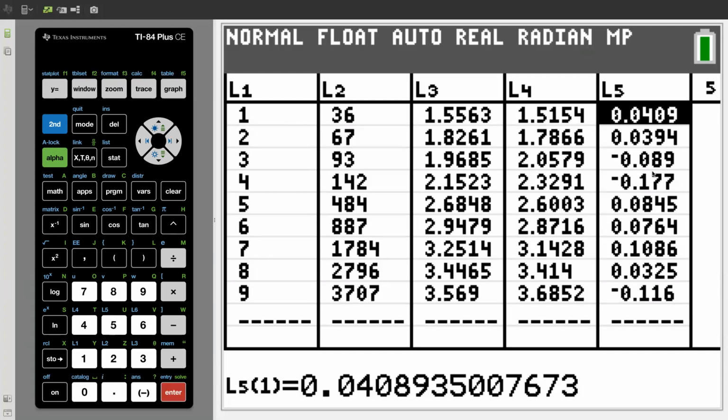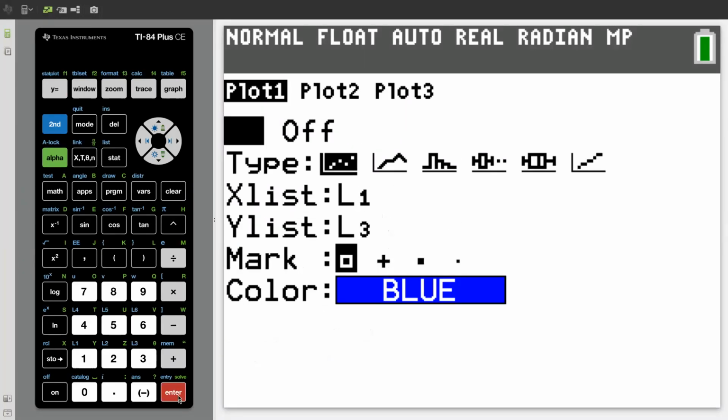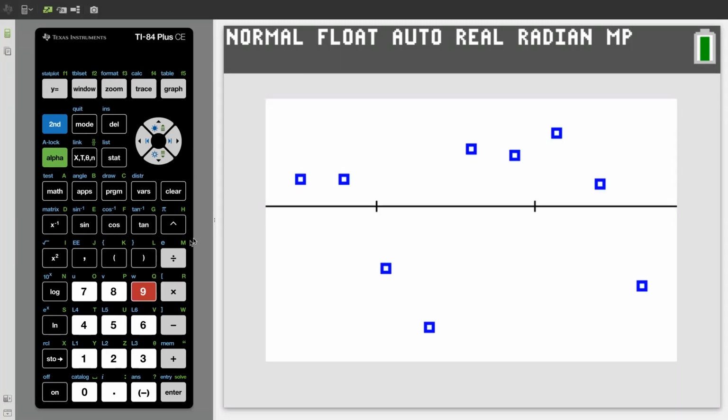Now if I plot those, if I go to second, I'm going to plot the residuals. What was that, L5? Or no, the X is the predicted value, which is, what was the predicted value? L4, I think. Yeah. So I'm going to plot L4 versus L5. Let me do the zoom thing. Yeah. So that's right.